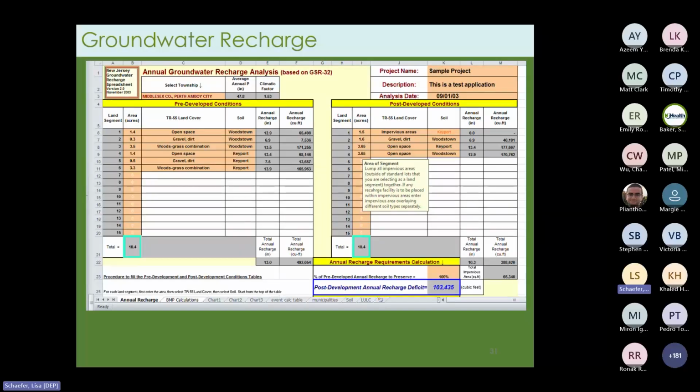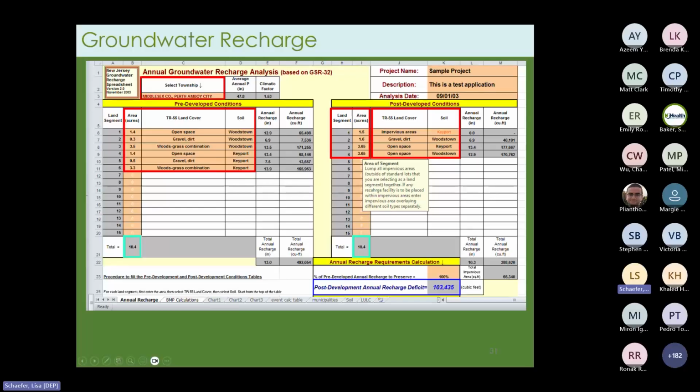Therefore, soils in this spreadsheet play an important role in the calculation of the annual recharge and the recharge provided by the BMP in question. I want you to notice that the total area matches from pre to post. And we'll get to the blue rectangle down here in a moment.